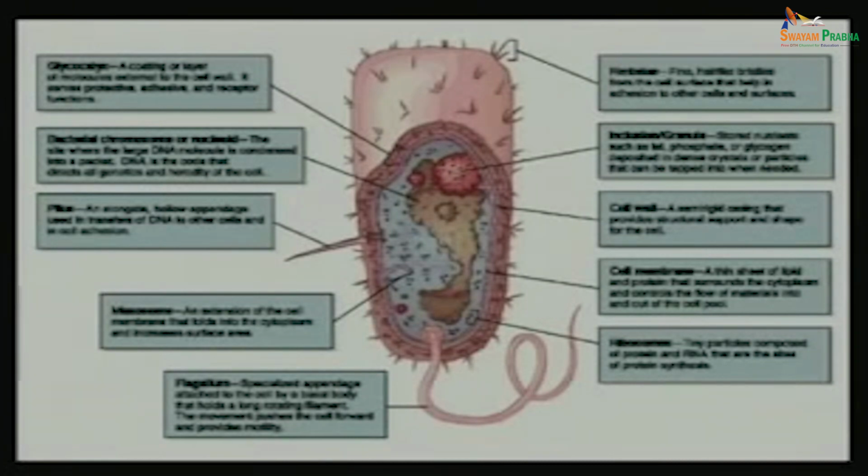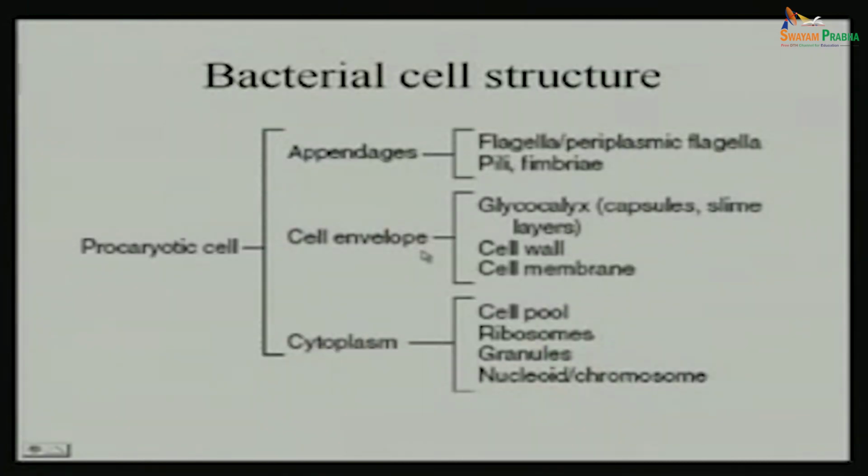Now, if we see this particular bacteria under the microscope, with different magnification, we can find that there are different organelles present in this bacteria. Based on these organelles and their arrangement, the entire bacterial cell structure, or the prokaryotic cell, can be divided into three major groups: the appendages, cell envelope and cytoplasm.